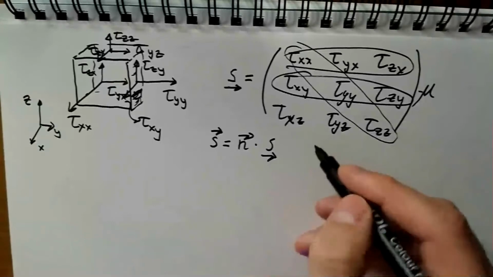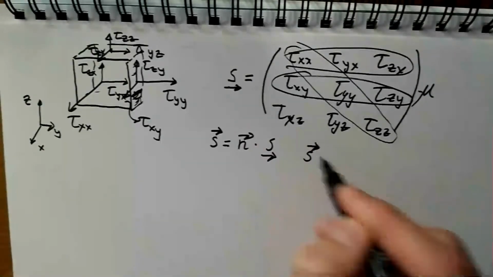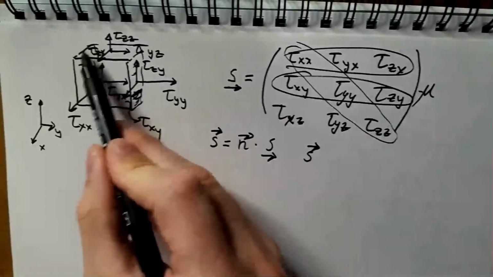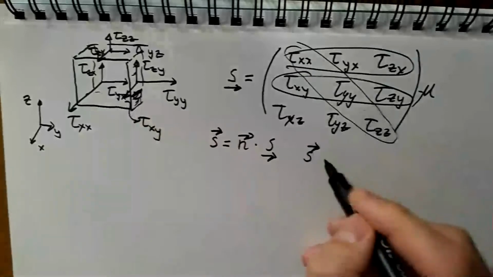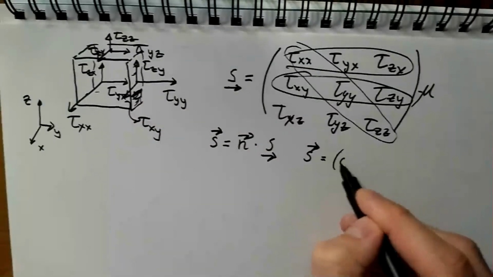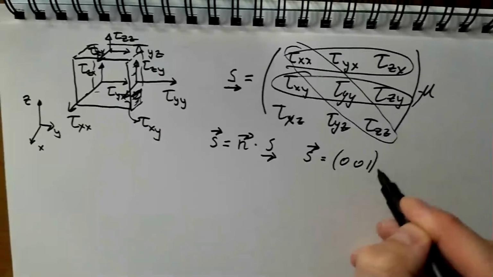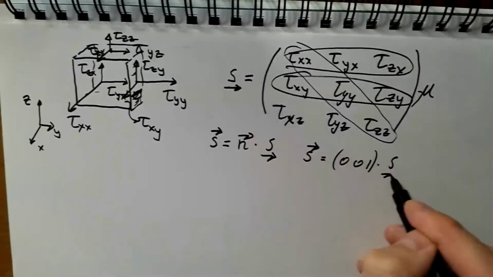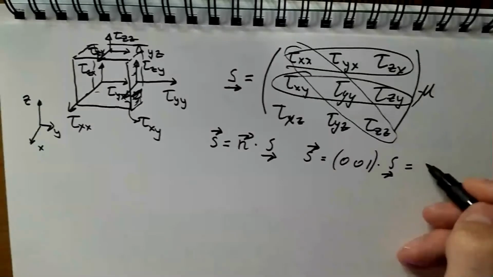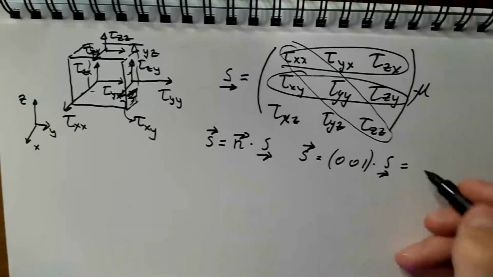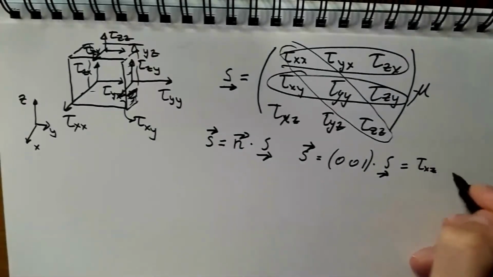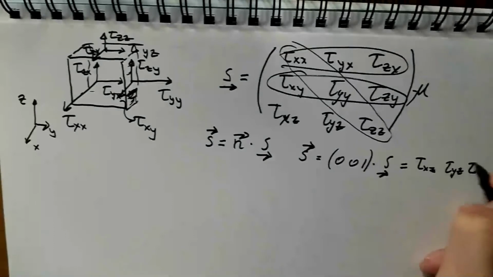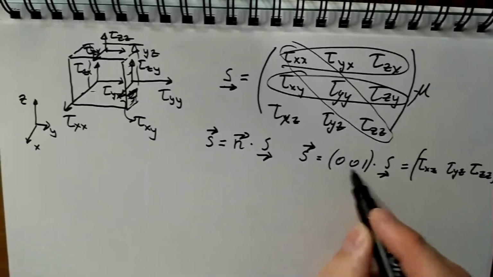As a quick example, if I want to extract stresses on this face that has unit vector k, or in the vertical direction, I would say this normal is k, 0, 0, 1, dot product with this S, and I will get, of course, the result tau xz, tau yz, tau zz, if I multiply this unit vector with this tensor.